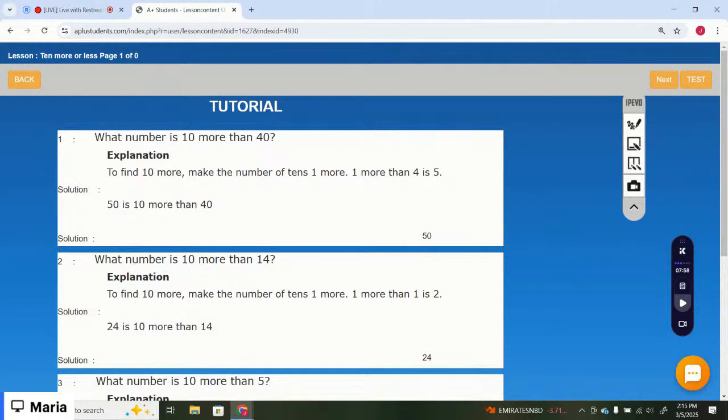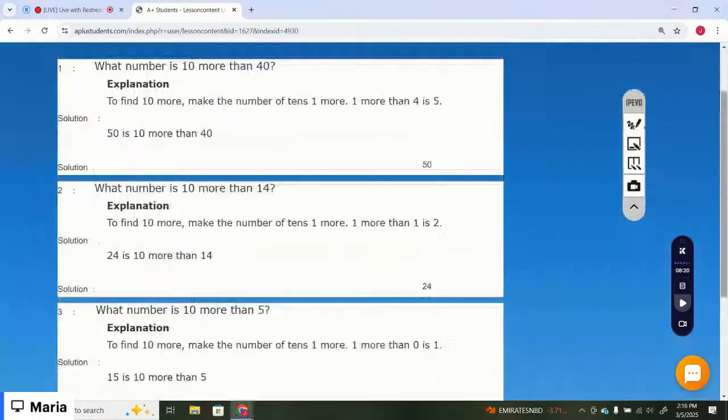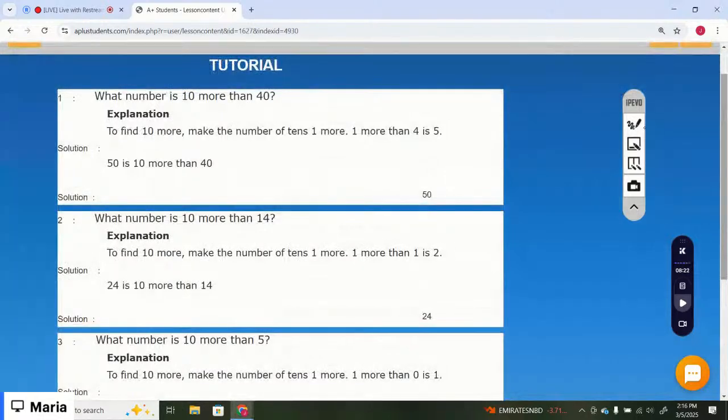Whenever you need to understand the words, the word more means you have to add, right? 10 more than 40 means you need to add 40 plus 10. 40 plus 10 is 50. Got it? So 10 more than 40 is 50. Less means you need to subtract.